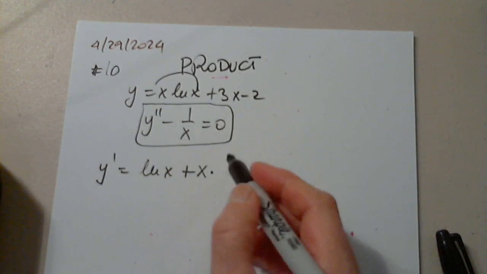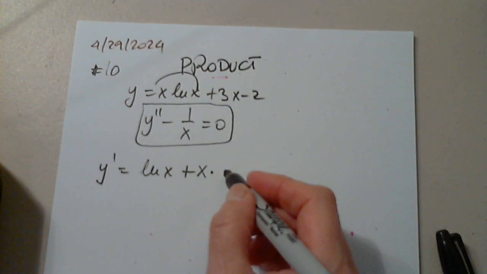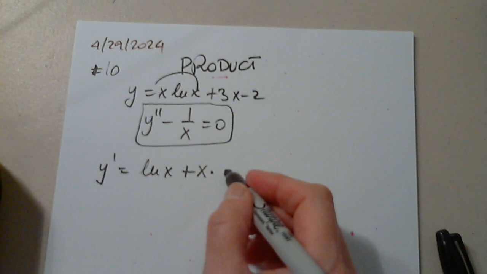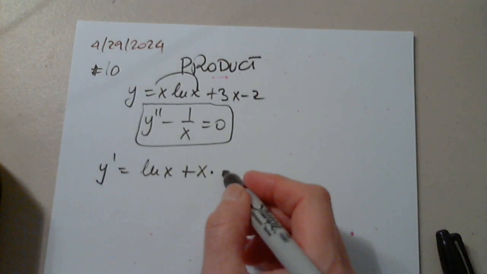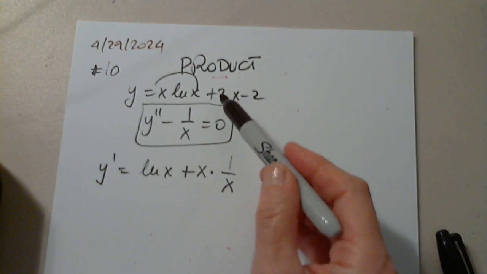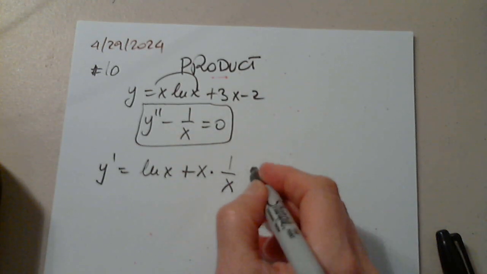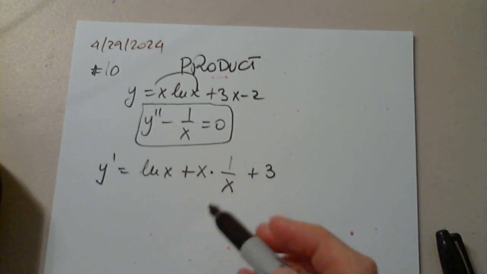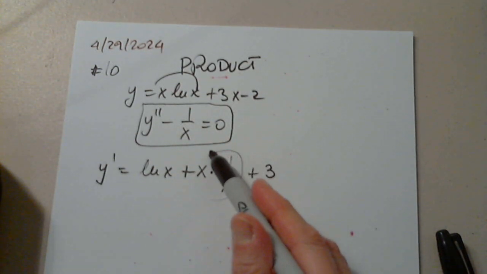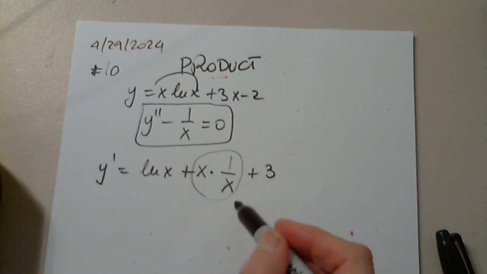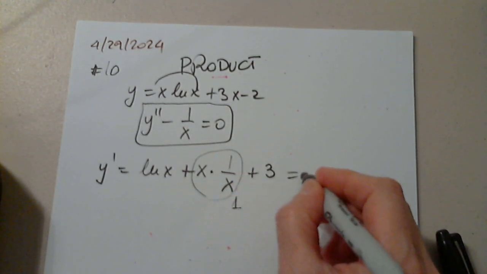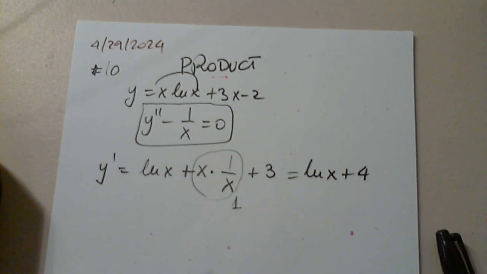So what is the derivative of natural log x? 1 over x. Thank you. Plus the derivative of 3x is indeed 3. But here we simplify, and this becomes 1. So this is natural log x plus 4. So this is the first derivative.